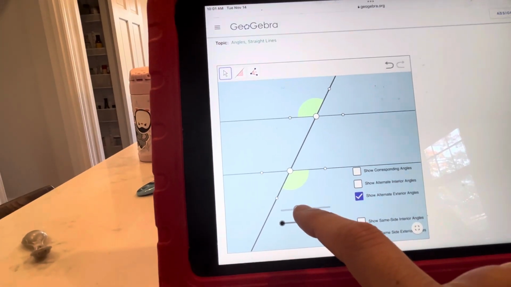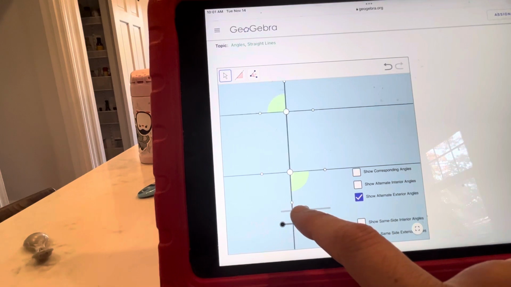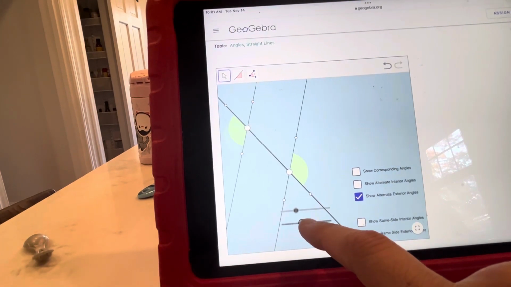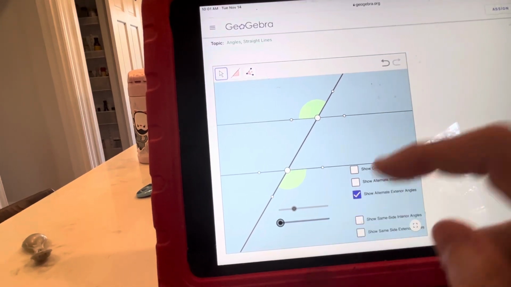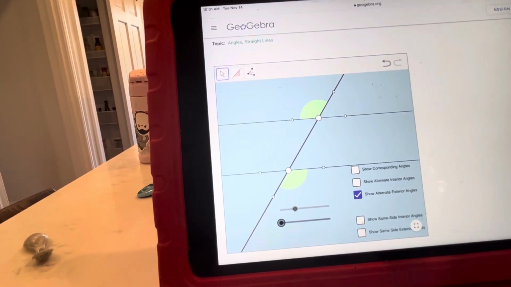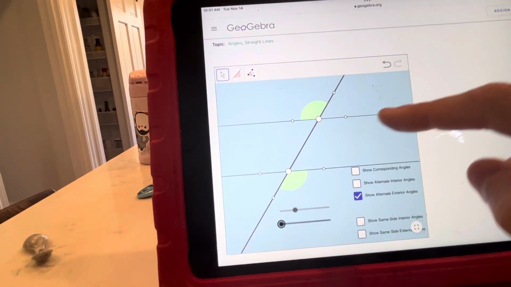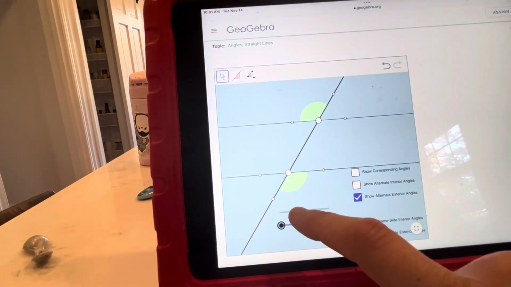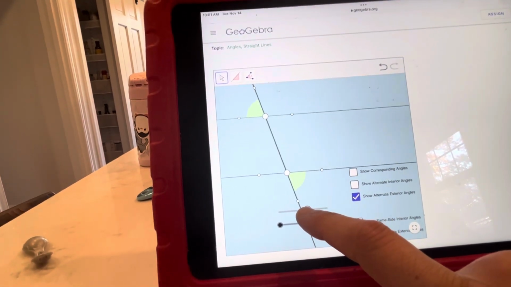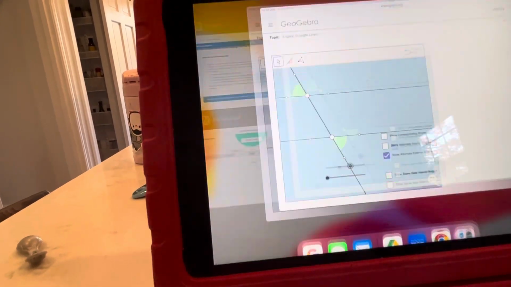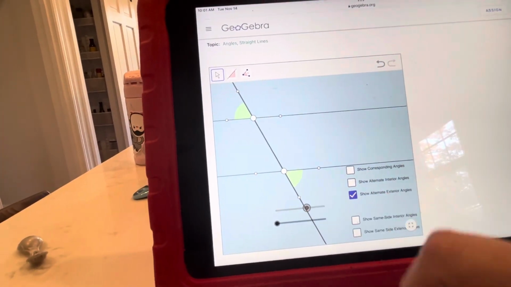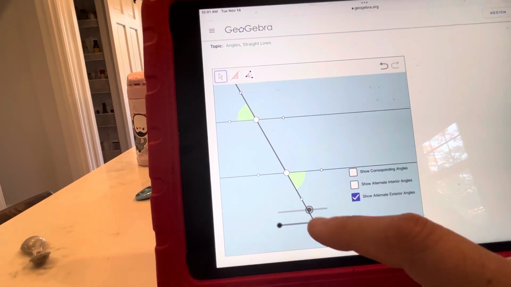These sliders here will turn the transversal or turn the two other lines, K and M, I think. I don't remember what the letters were that named those two angles, but that will turn those, and this will turn the transversal. So if I take a look at it, okay, there we go. That's kind of lined up the same way.